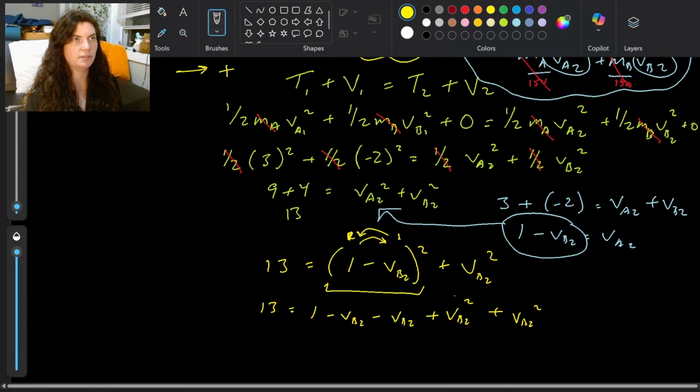And so I'm going to simplify this down and move the 13 to the other side, so I get 0 equals -12 minus 2 VB2 plus 2 VB2 squared.